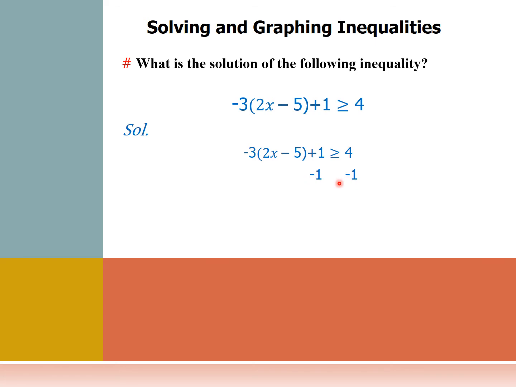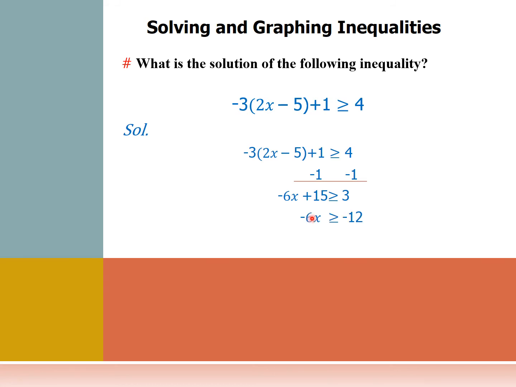So plus 1 minus 1 is 0, and 4 minus 1 is 3. Now we distribute negative 3: minus 3 times 2x is minus 6x, and minus 3 times minus 5 is plus 15.